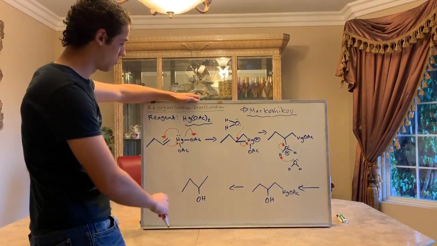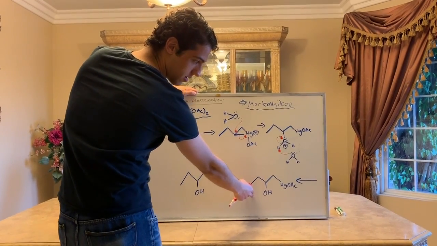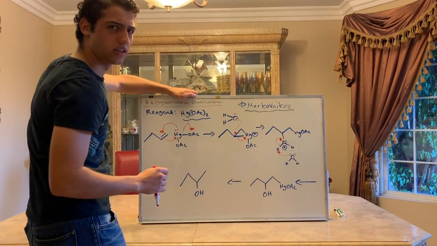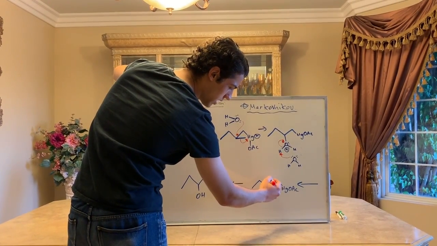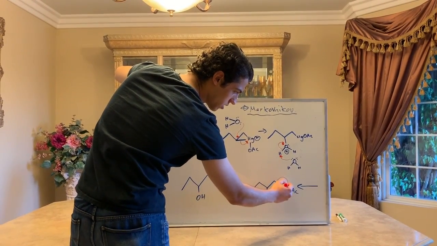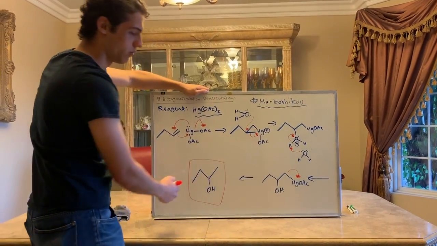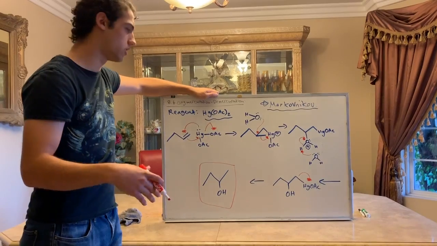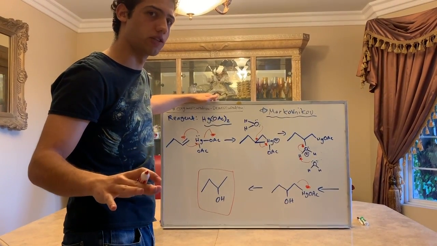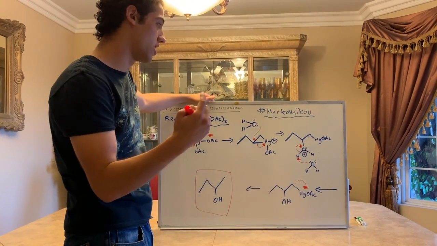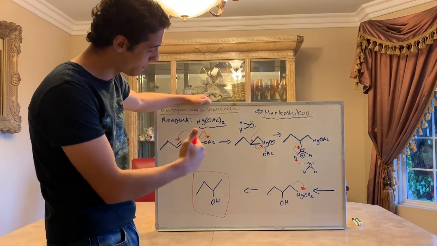You're only held accountable for the mechanisms from this step all the way to here. But you don't need to know how this Hg would leave, because some miracle happened and it would just go away and leave us with the final answer, which is this. This is beneficial because you could always use it and would not form a carbon rearrangement whatsoever. So it's more used in lab. It's not the most green thing to use, but it's beneficial.